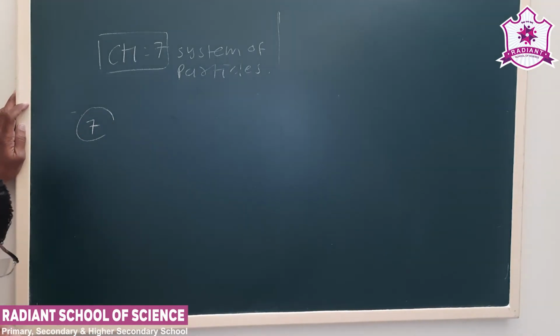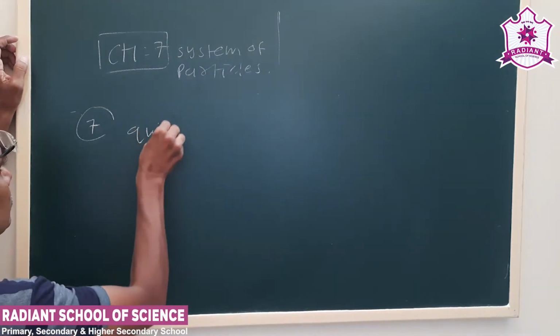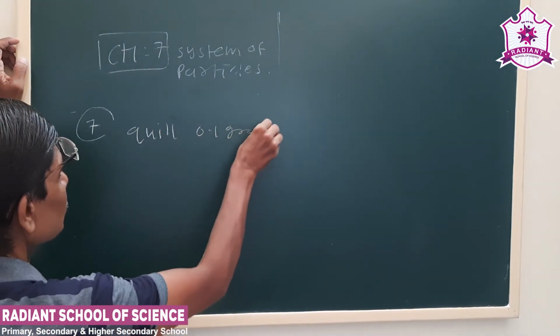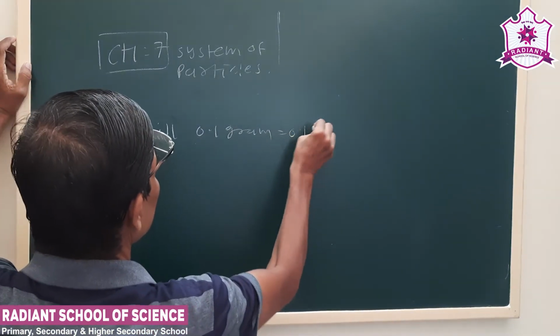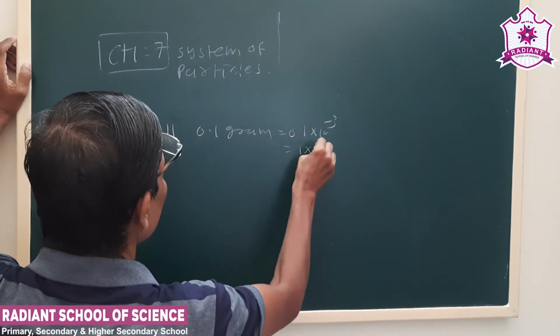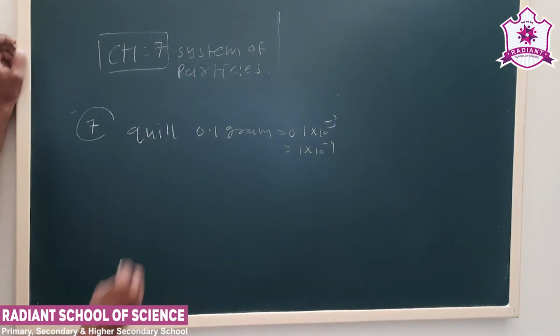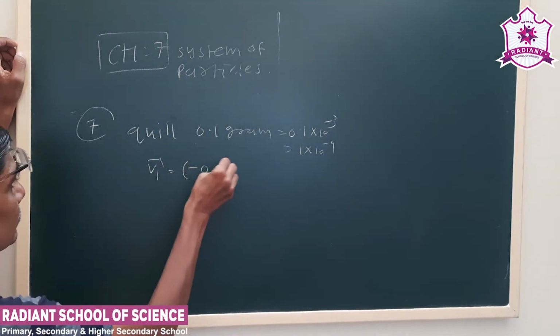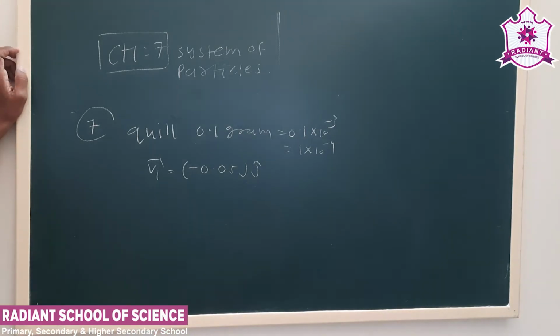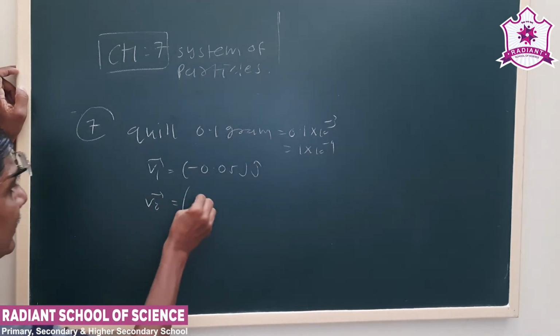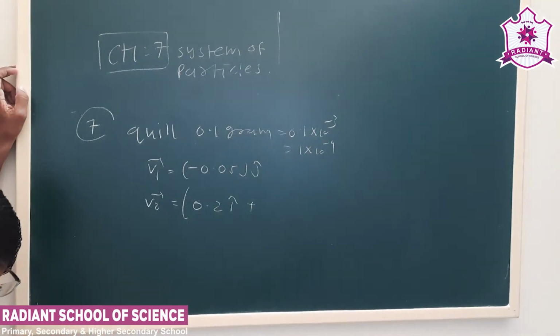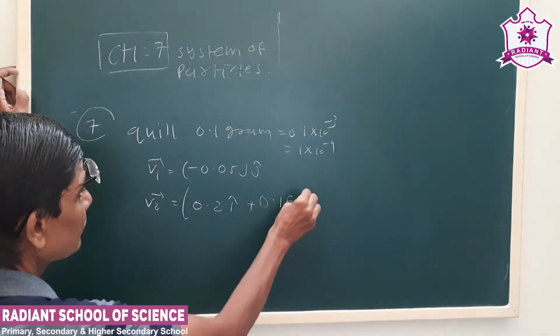See a quill of 0.1 gram. Okay, velocity is... Now see, its velocity changes from minus 0.05 to 0.20 i caret plus 0.15 j caret.